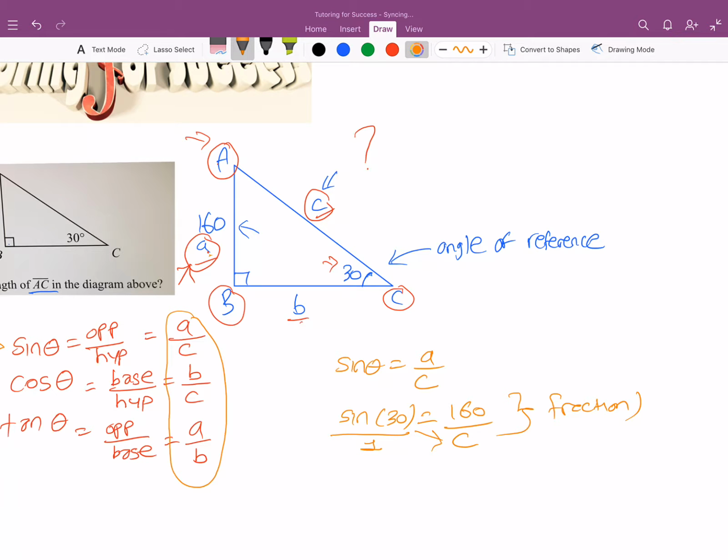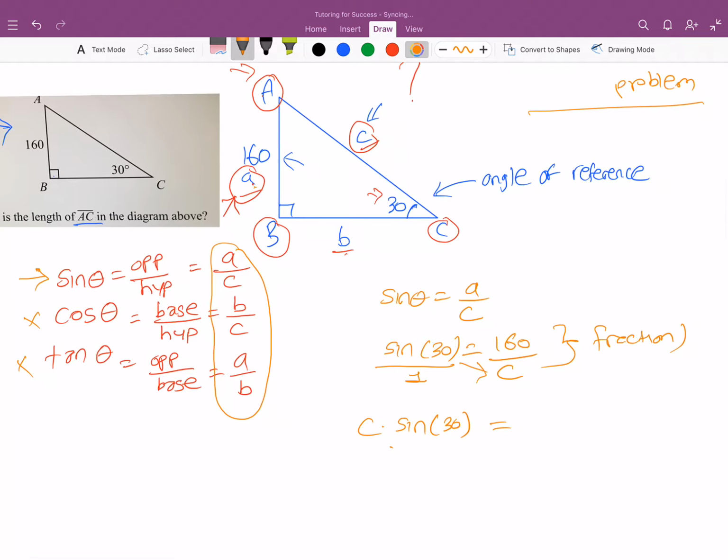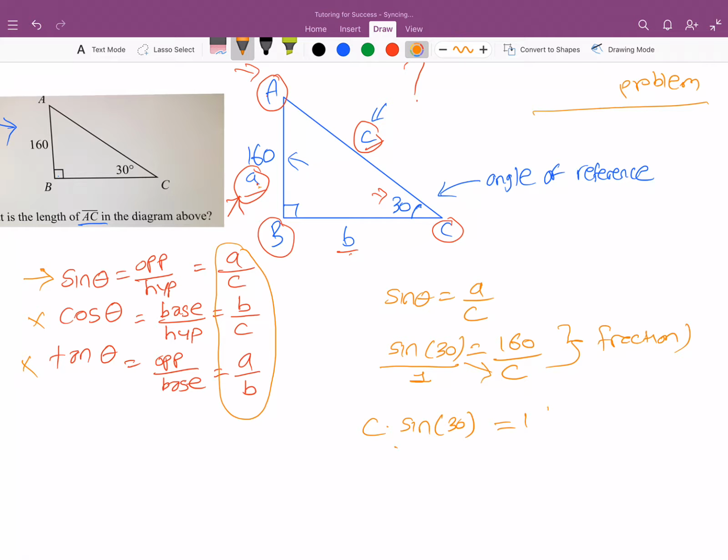So sine 30, let's not use a calculator, this is a no calculator section problem. We're not allowed to use a calculator. So sine of 30 times C, and then 160 times 1 is basically 160.